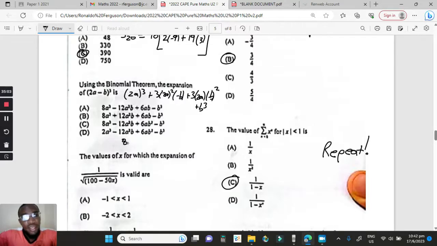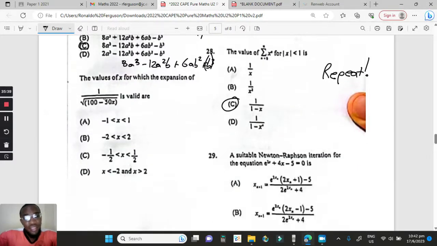That is 8a cubed, then 2 squared is 4, 4 times 3 is 12, so minus 12a squared b, then we have plus 6ab squared, minus b cubed. That's what I'm looking for. 8a cubed minus 12a squared b plus 6ab squared minus b cubed. That looks like C.